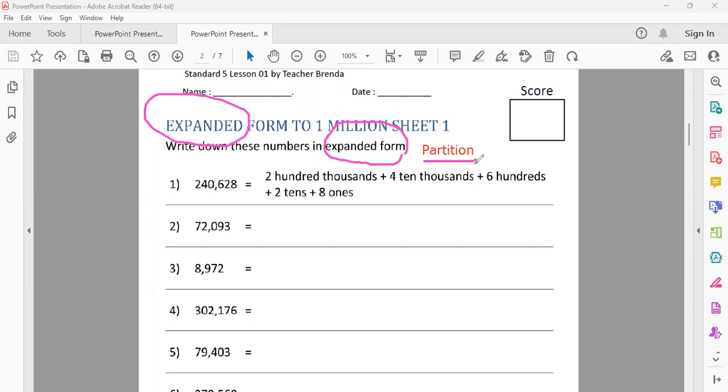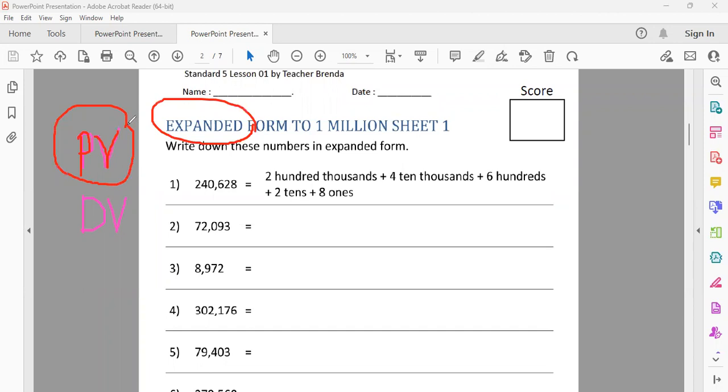There are two ways you can partition or break numbers up. One is called place value. The other one is called digit value. So remember, when a question asks you to expand or partition the number, you have to look into which style. Are you going to partition according to the place value style, or the digit value?